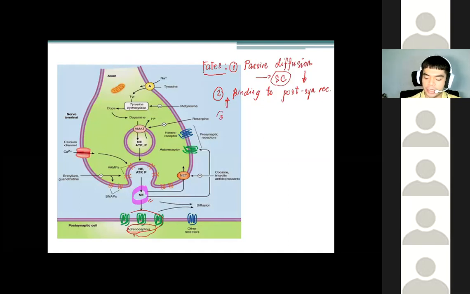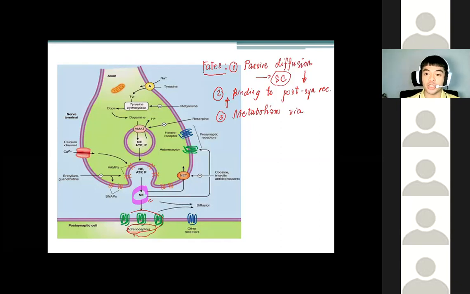Next, number three, remember as well that in the cleft there are enzymes, right? So you knew that presence of enzymes would mean that there is metabolism. In the case of norepinephrine and other related biogenic amines, we have specialized enzymes that can metabolize them.